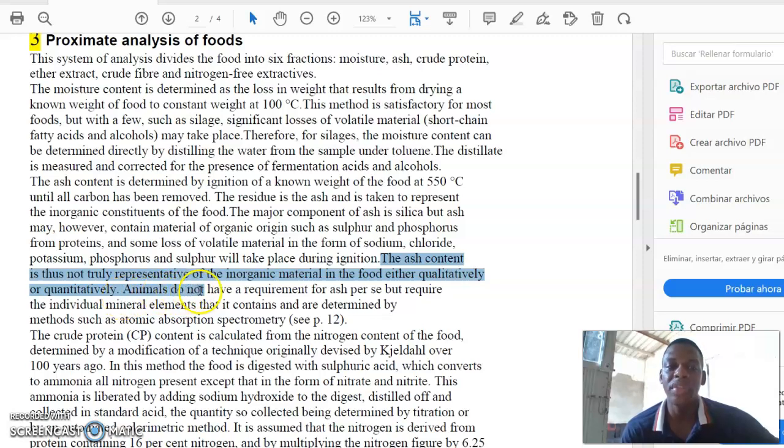Animals do not have a requirement for ash per se, but require the individual mineral elements that it contains, and these are determined by methods such as atomic absorption spectrometry.